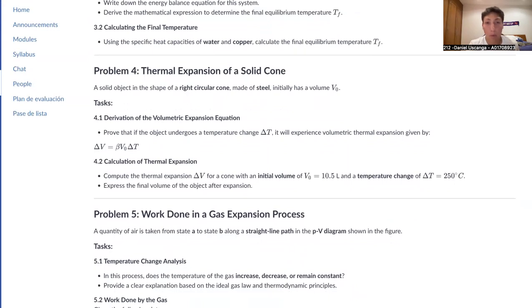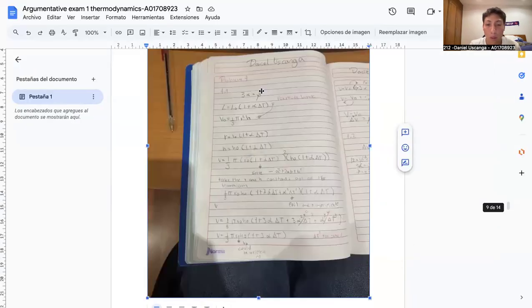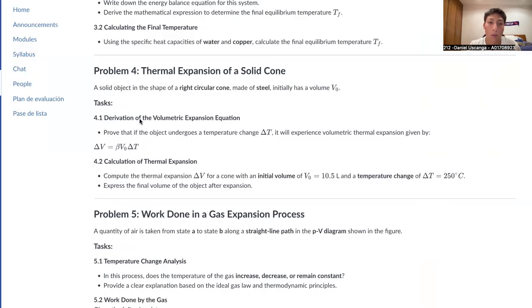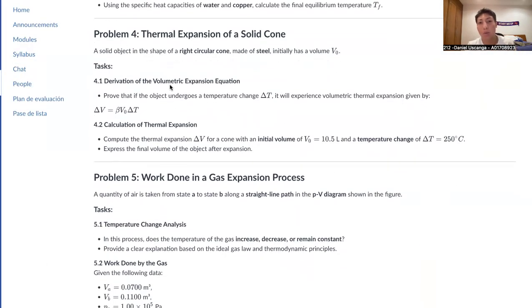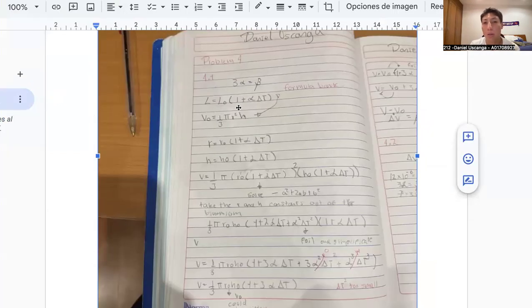Okay, then we have our problem number four, which states, back at it again, we need to change some equations in order to get to one. Well, we have our bank.